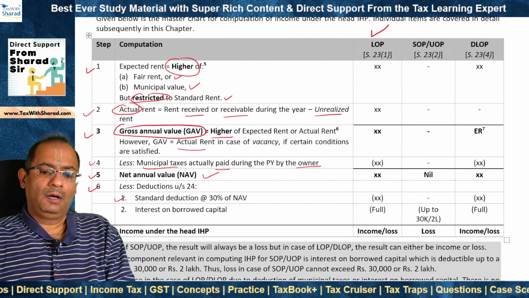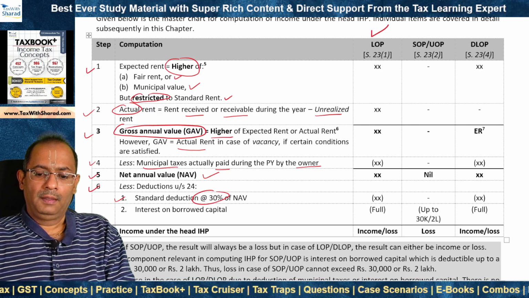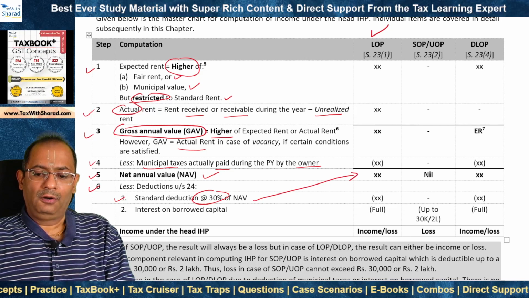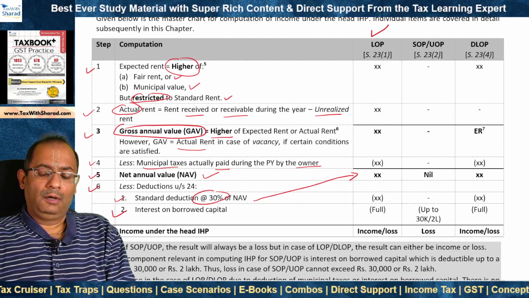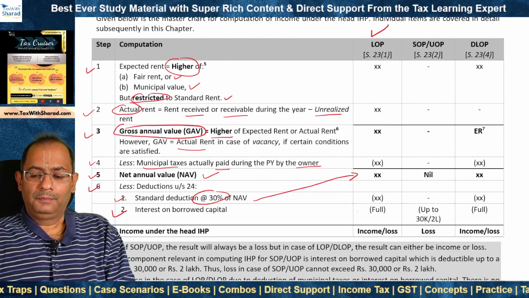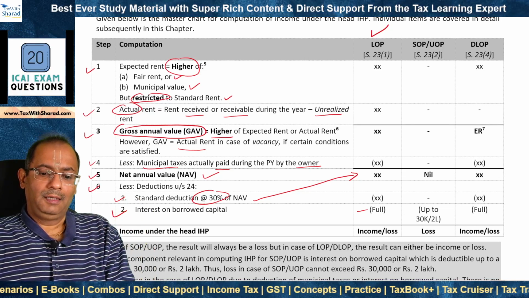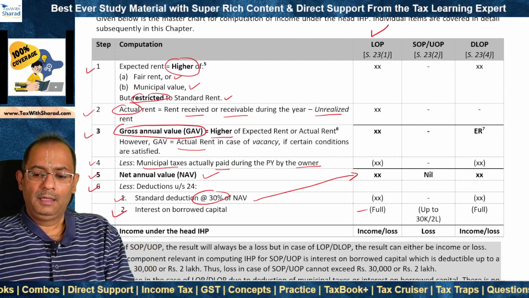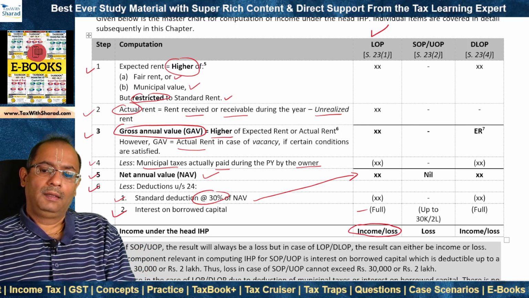The first is standard deduction at the rate of 30% of NAV. And secondly, we provide deduction on account of interest on borrowed capital to the full extent. And therefore the result is income under the head IHP, which can either be income or a loss.